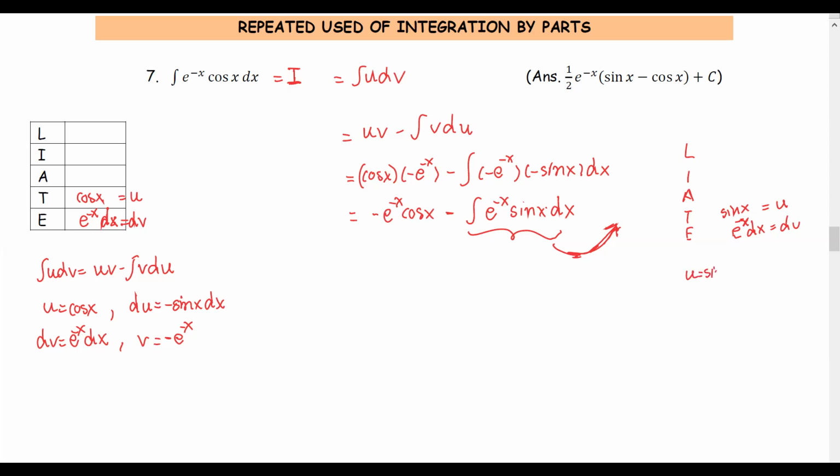For u equals sine x, du is cosine x dx. The dv, which is e to the negative x dx, gives v equal to negative e to the negative x.